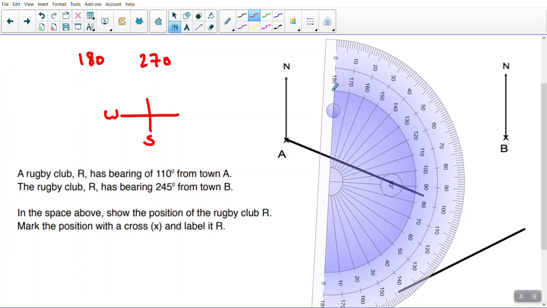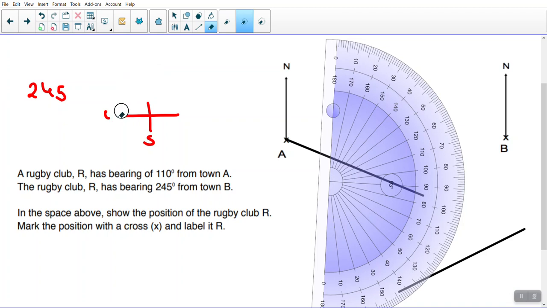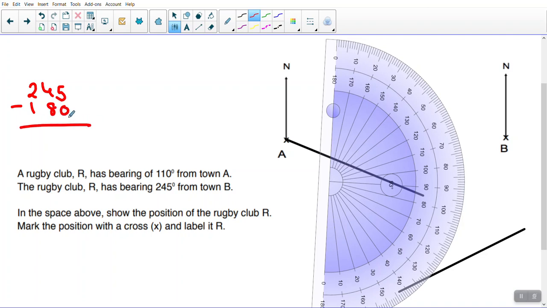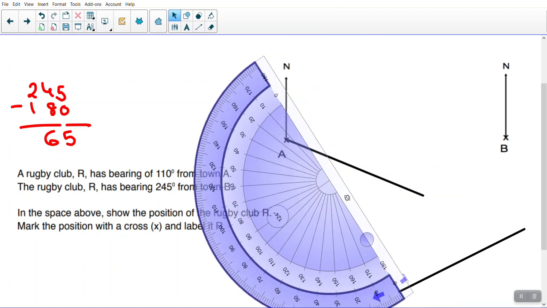So what I would need is to do the remaining part of the 245 on my calculator, and find it out and do it on the protractor. So here I have 245 minus 180, which would give me 65. I'm sorry, 65. This is only because my protractor is not a full 360-degree one, okay?